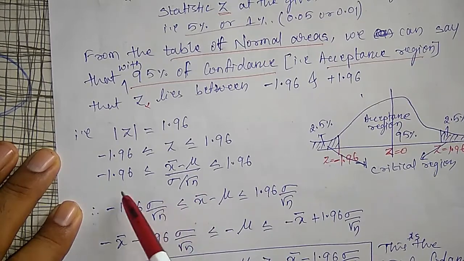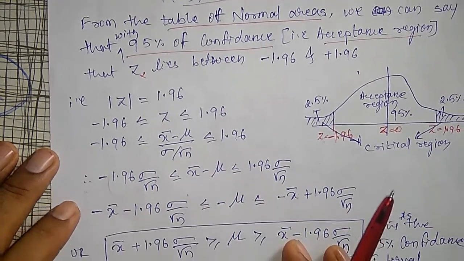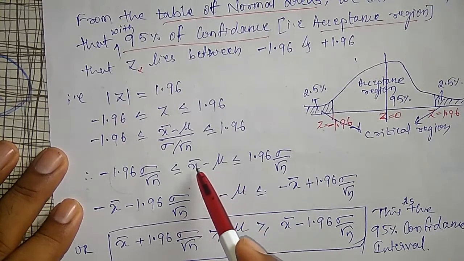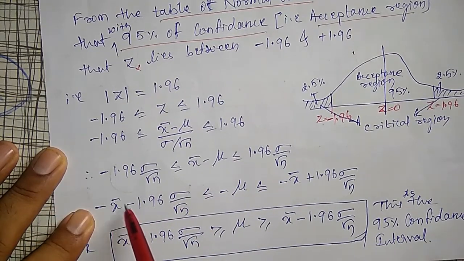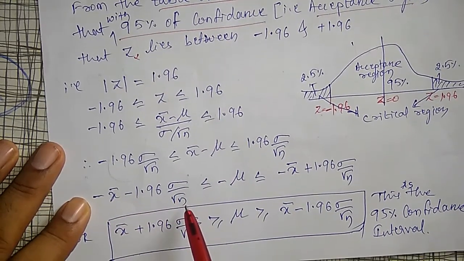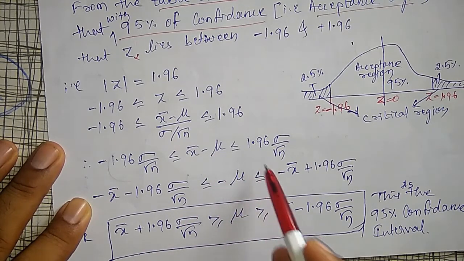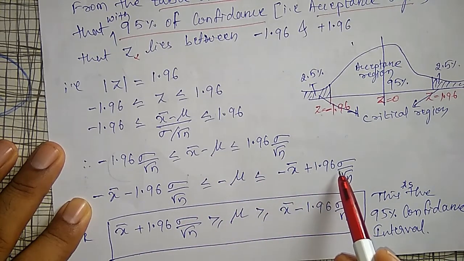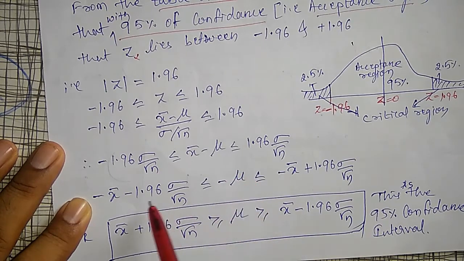Therefore, multiplying throughout by sigma divided by root n on both sides, and then since I want to find mu, I subtract x bar from both sides. Therefore, minus x bar minus 1.96 into sigma divided by root n is less than or equal to minus mu, which is less than or equal to minus x bar plus 1.96 into sigma divided by root n. But I want to find a positive value of mu. Therefore, multiplying throughout by minus, the signs also change: less than or equal to will become greater than or equal to.